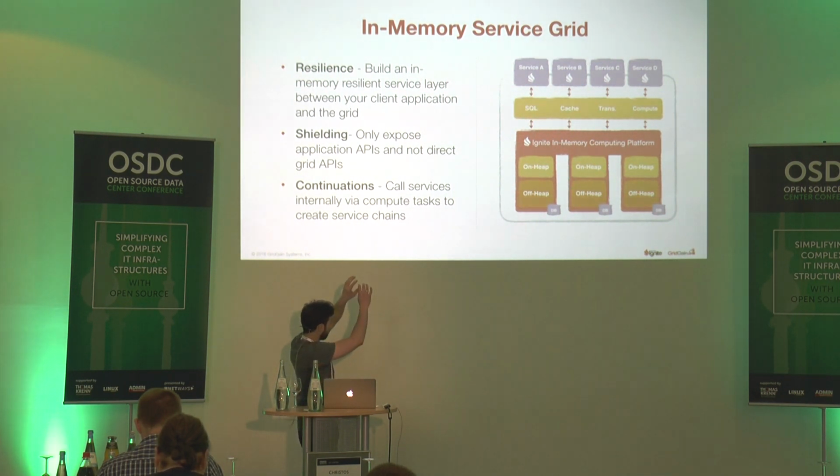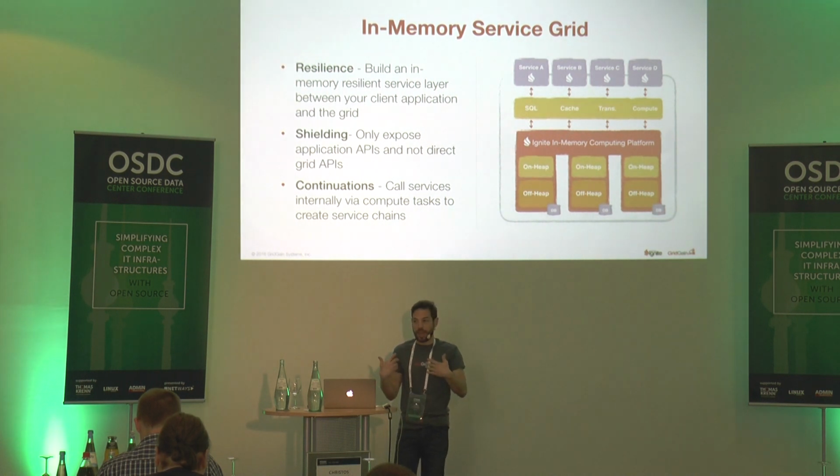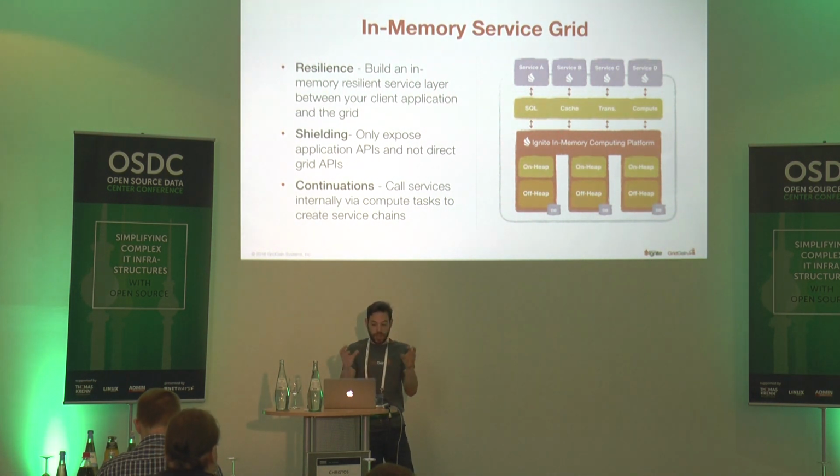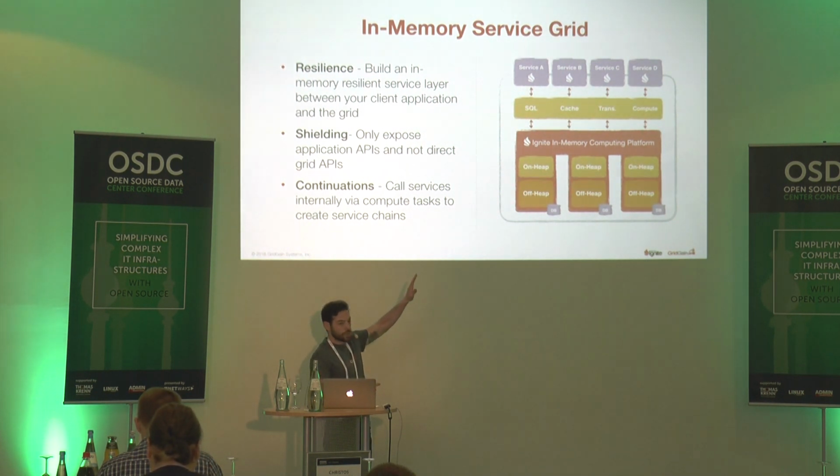But the whole idea is that you're shielding or creating this service layer around this. Rather than giving clients direct access to operate against the grid, you can create your own services, similar to exposing your own API on top of it. The good thing about that is the resilience that you can add. You can have what we call a node singleton, where the same service is deployed on every single node.